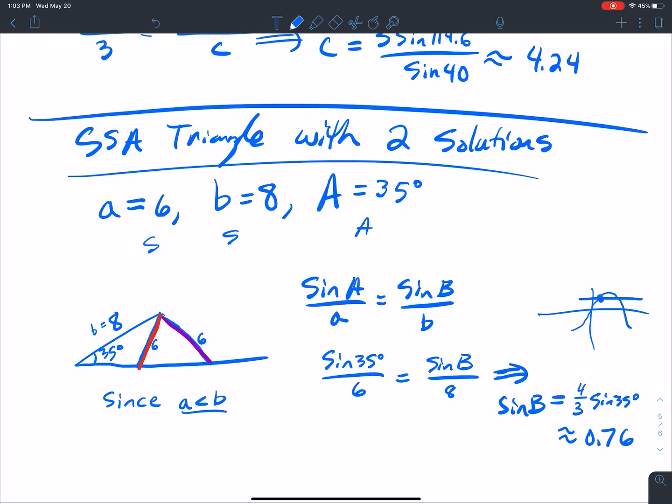Now the sine of B hits 0.76 in two places.